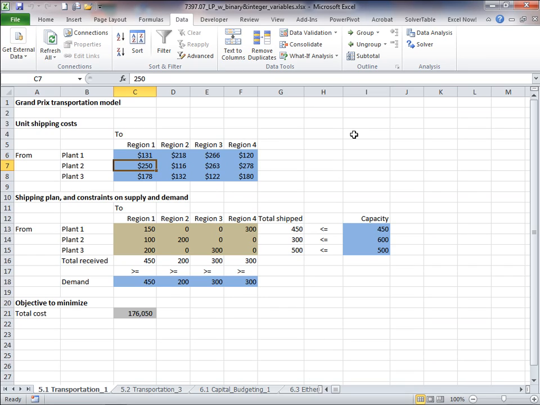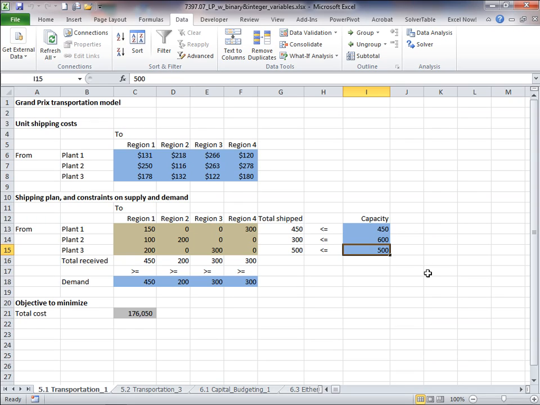Is that right? So for every additional unit I add to capacity of plant 3, I should be better off by $72. My cost should be lower by $72. Do you agree with that?